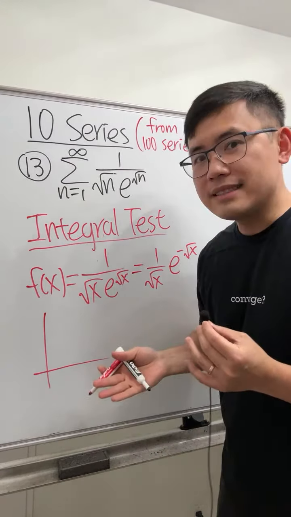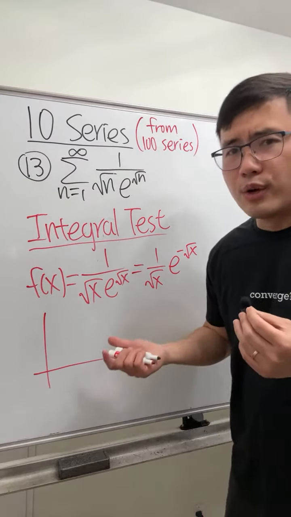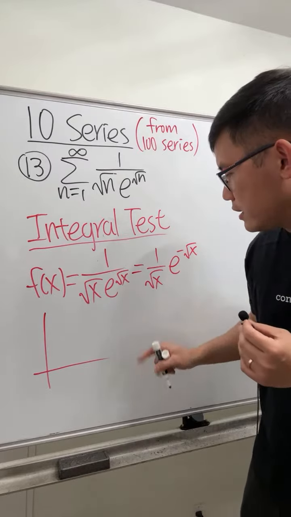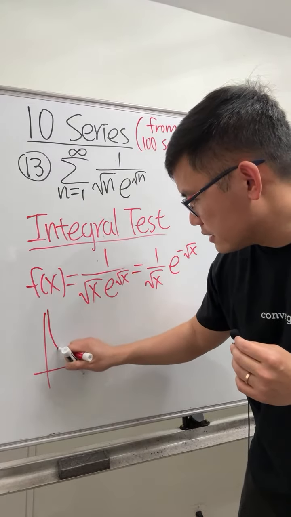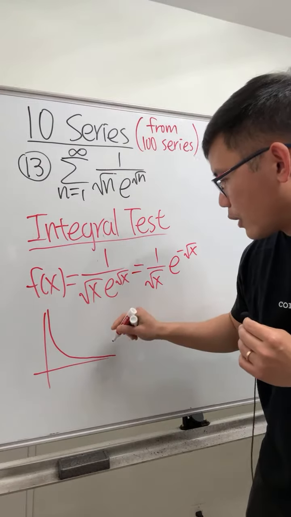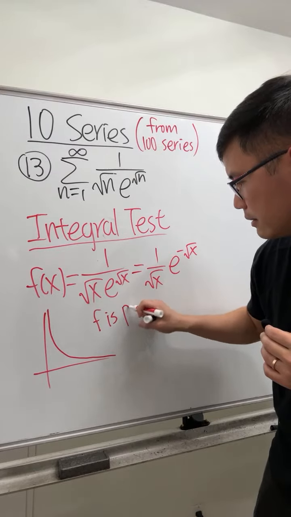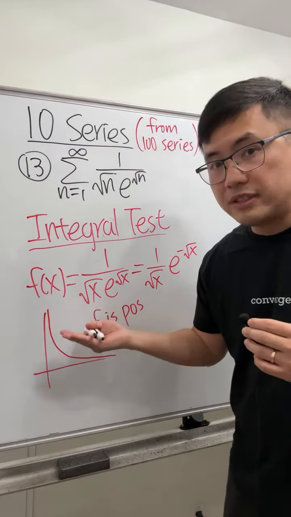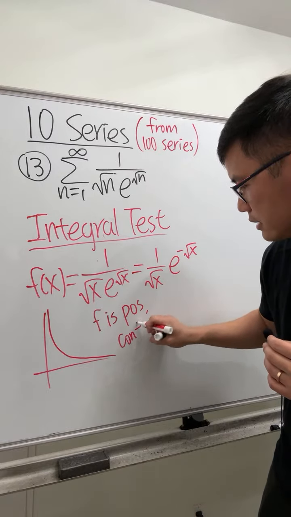And for my class, I usually just ask the students, graph this on the calculator and then provide a graph. And for this one in particular, x cannot be 0, and you will see the graph will look something like this. So our function f, just mention that is positive because it's above the x-axis, and we also have continuous, right?